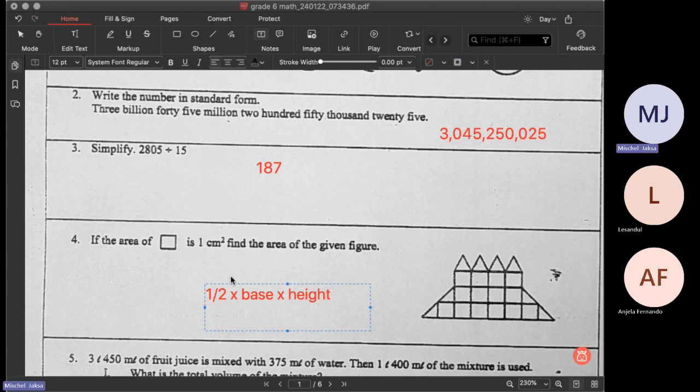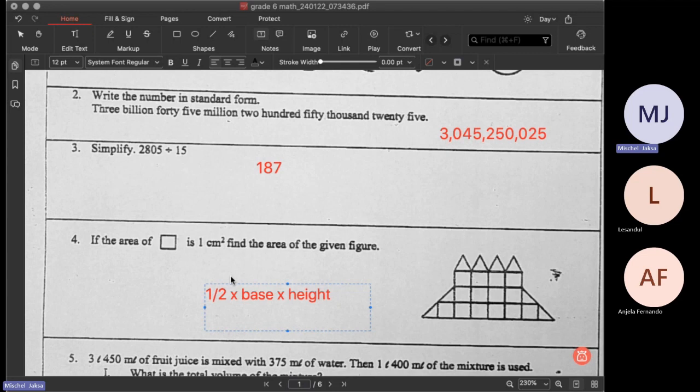Now you can see, Pute, the triangle has a base of the same length as the square. That means one side of the square is 1 centimeter. How did I get it? Because they have given 1 square centimeter as the area of this square. That means, Pute, one side is equal to 1 centimeter, isn't it?